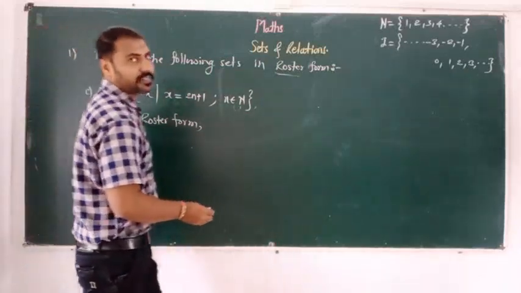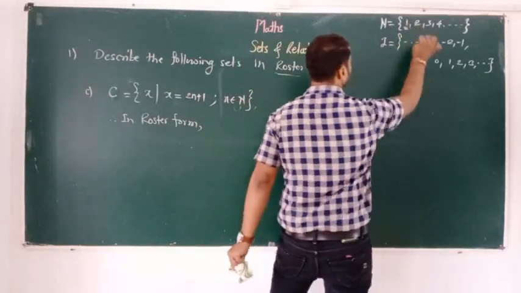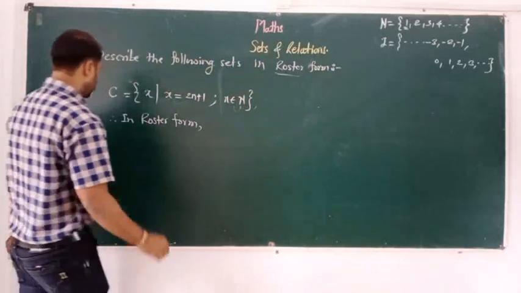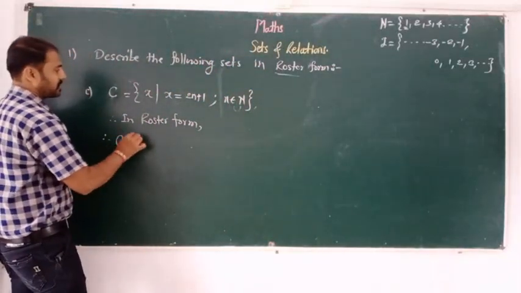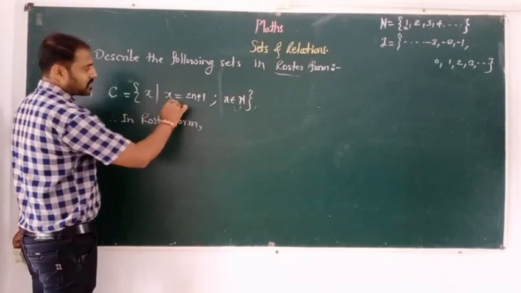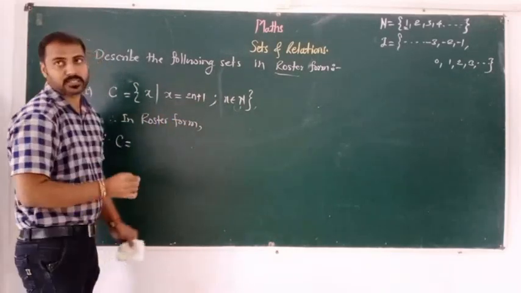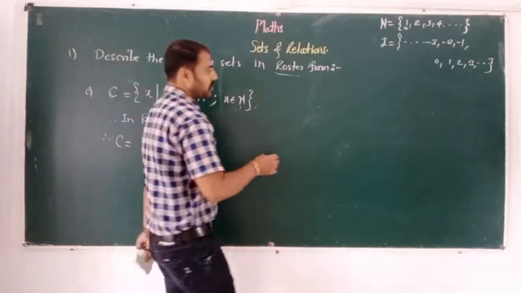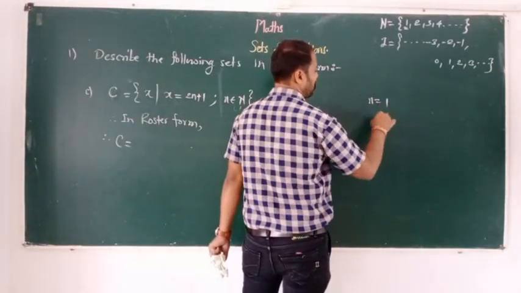Now look at it. If I consider the first natural number, that is 1, then the formula says x is equal to 2n plus 1.